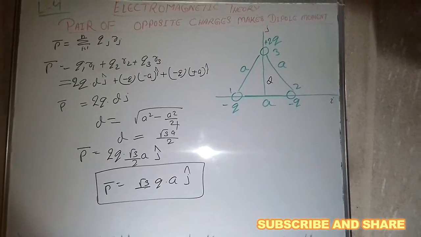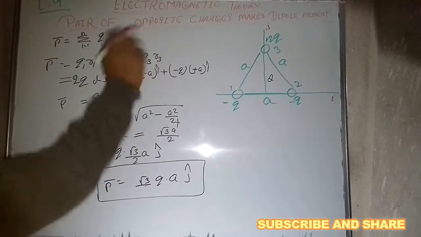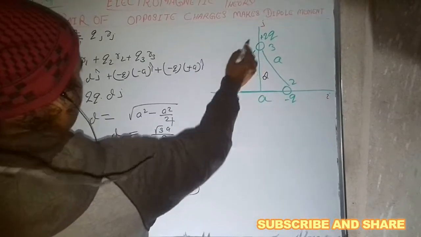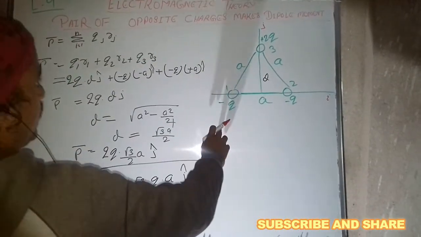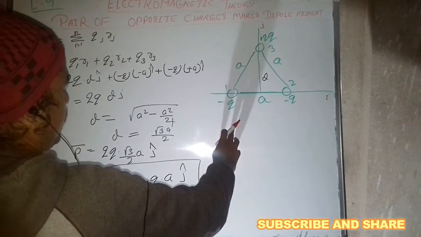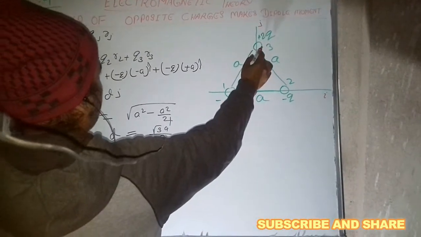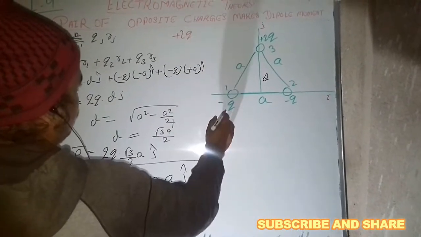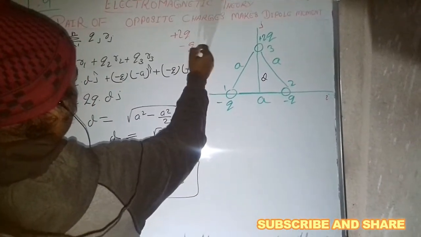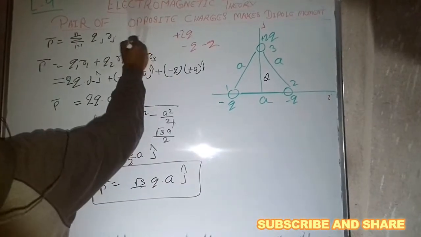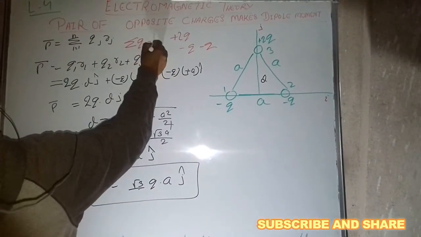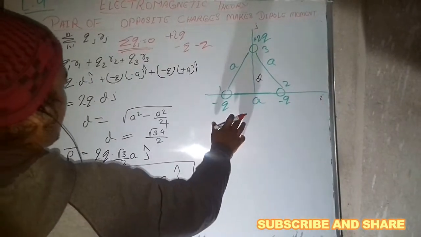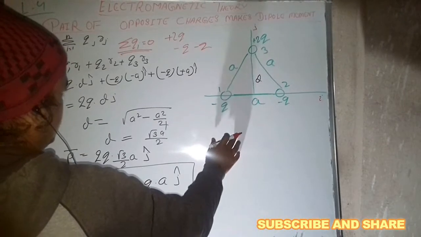This is the dipole moment of three charges, where Q1, Q2 and Q3 make an equilateral triangle. Q3 has plus 2Q charge, Q1 and Q2 each have minus Q charge. It means the total charge will be 0. So we have to find the dipole moment due to these three charges.